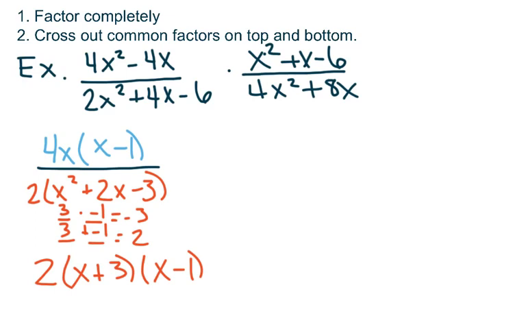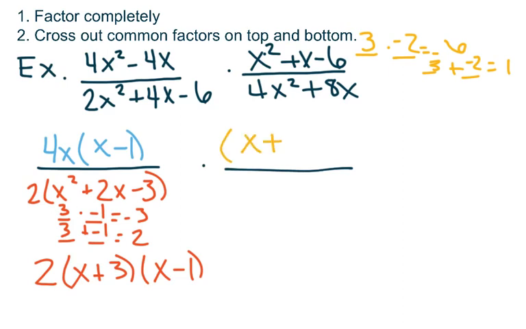Alright. Now I'm looking at that second numerator. I need 2 numbers that multiply to give me -6, but they have to add to give me 1. Those 2 numbers are 3 and -2. So this factors into x plus 3, x minus 2. And now I'm going to do that second denominator.